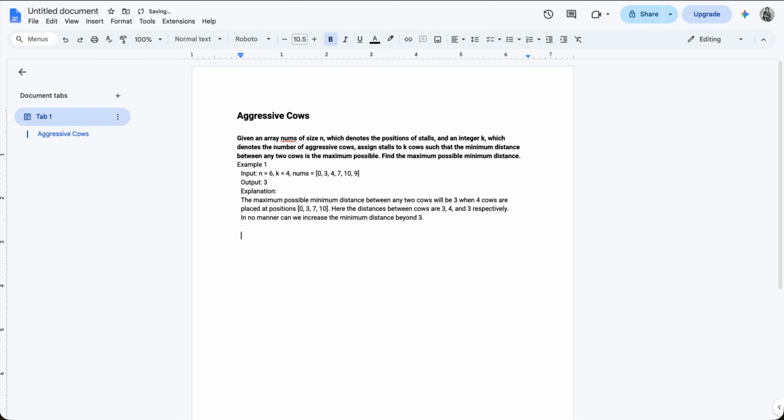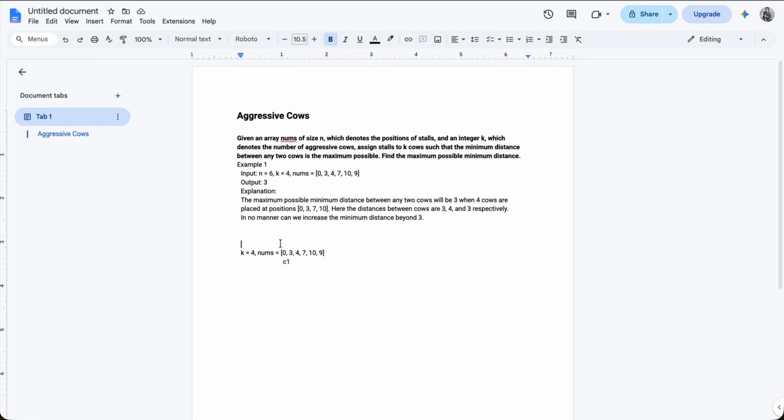If we do a dry run of this problem, if we place cow 1 here, first we have to place four cows, but we don't know which place to use, like 3 or 7 or 10.